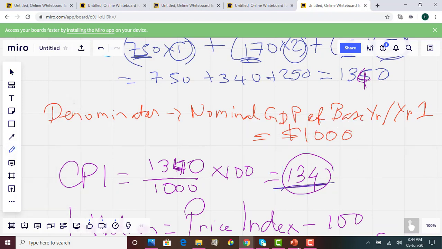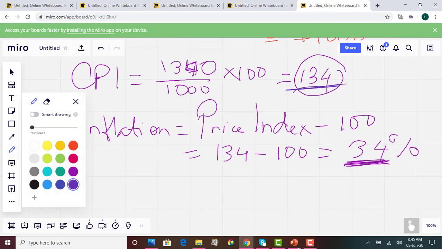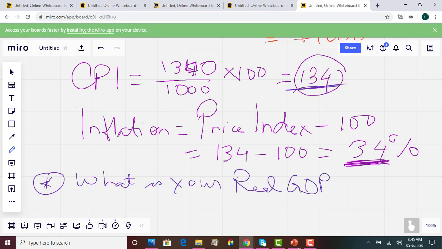My next question, my final question from this, will be: what is your real GDP in year 2? Now, in year 1 we don't have to calculate real GDP, because year 1 is the base year, and in the base year real GDP equals your nominal GDP.